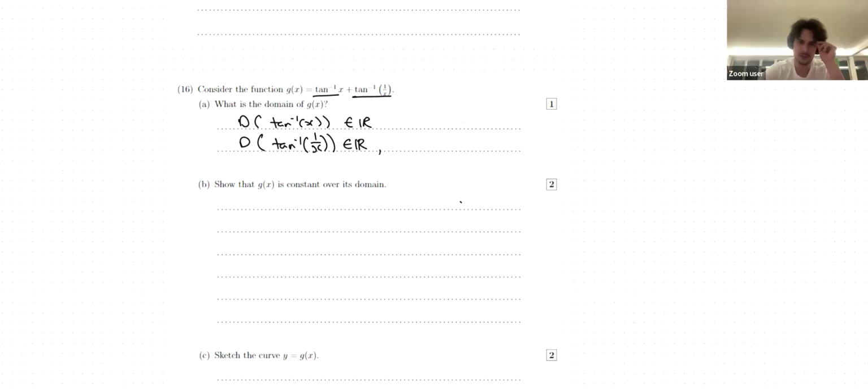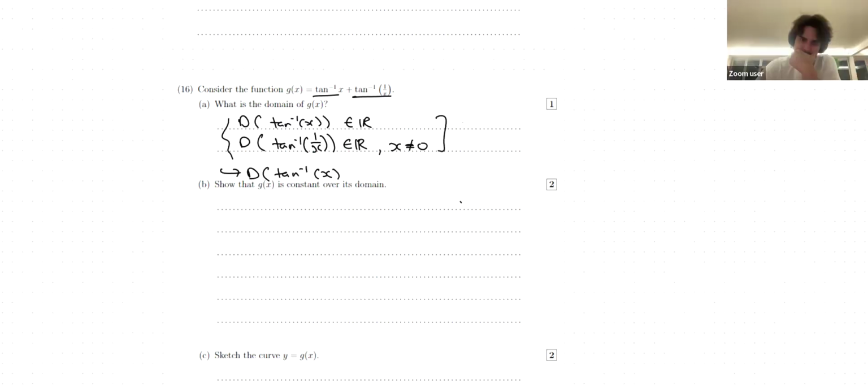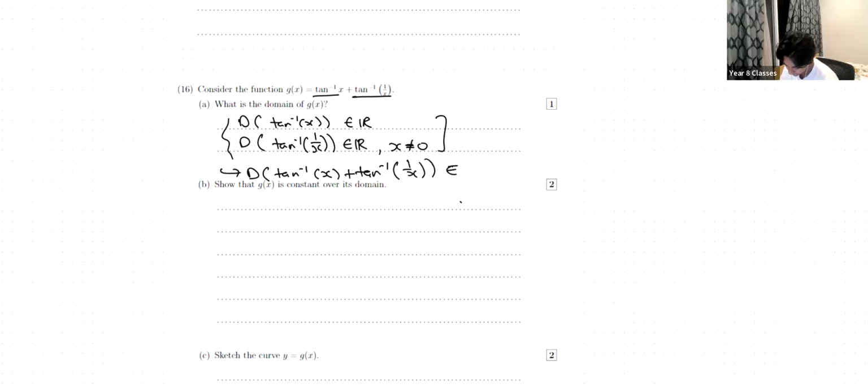Since it's the intersection of the domains, the domain of the whole graph will be the smallest grouping of these two domains, which is just the domain of tan inverse 1 on x. Like so.